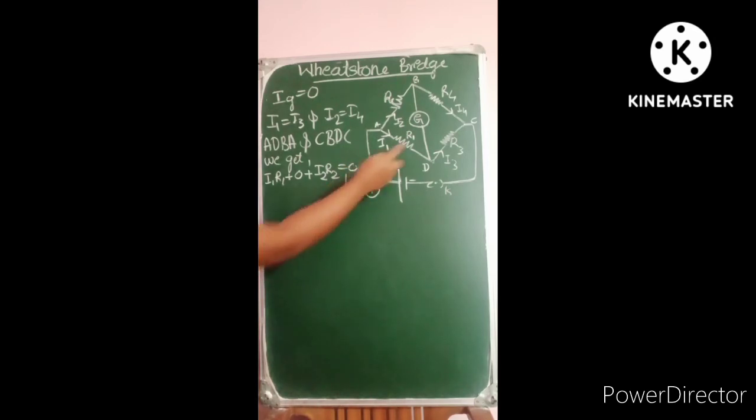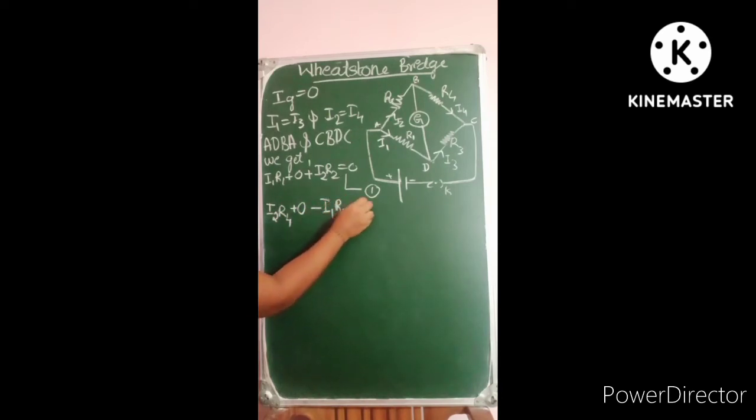In the same way, for the second loop we can write I2 R4 plus 0 minus I1 R3 equals 0.